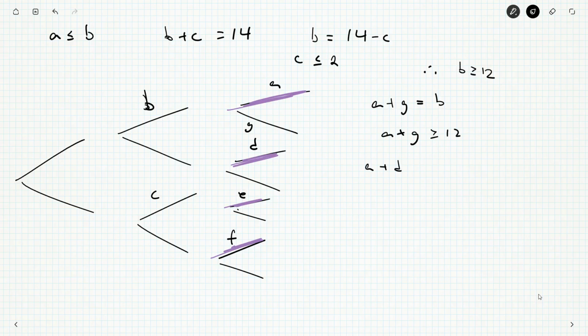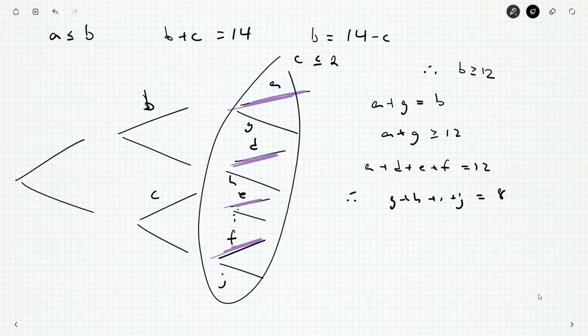Now A plus D plus E plus F is equal to 12. Call these G, H, I, and J. G plus H plus I plus J has to be equal to 8 because the whole column has to add up to 20. So G is at most 8.